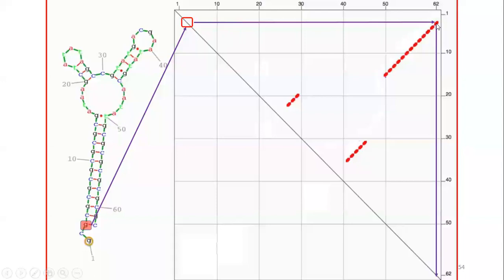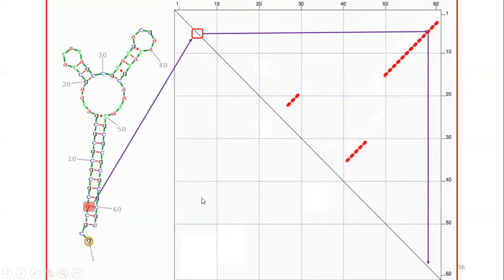So this dot corresponds to the pairing of the third position and the 60th or 62nd position. Similarly, if you move ahead, this particular diagonal would correspond to this particular secondary structural unit.